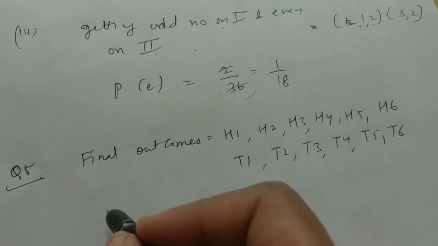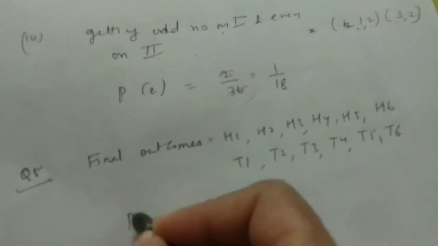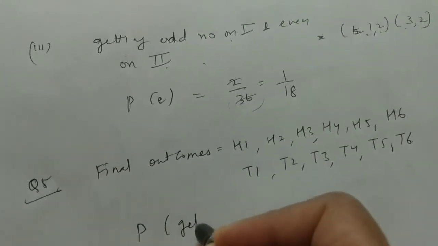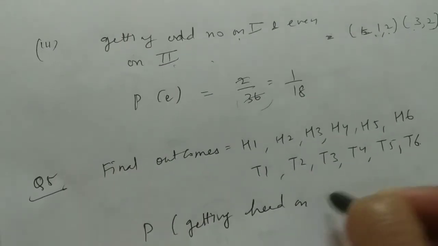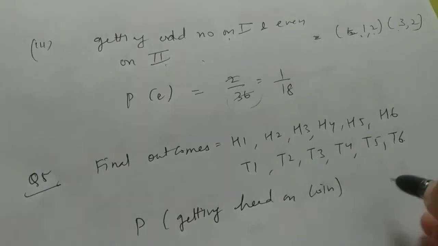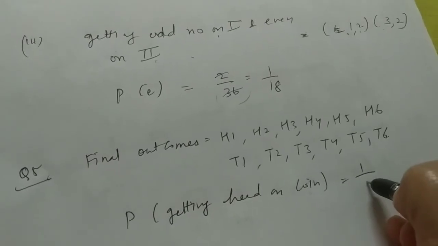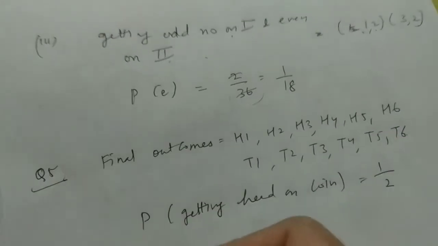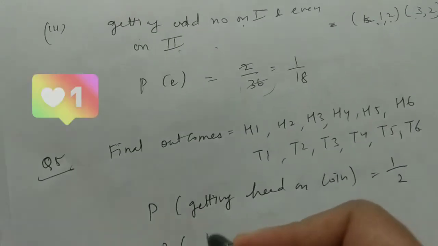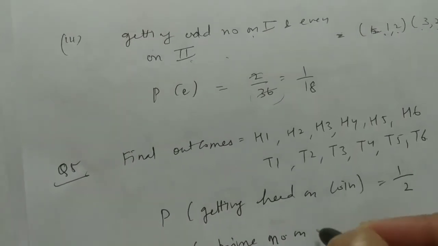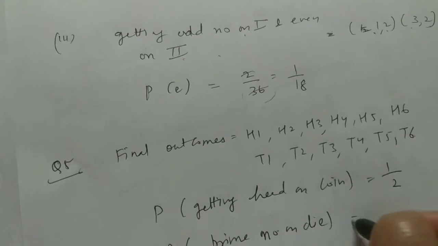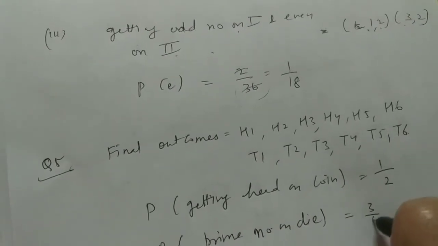So first, probability of getting head on coin would be 1 by 2, and probability of prime number on die would be 3 by 6.